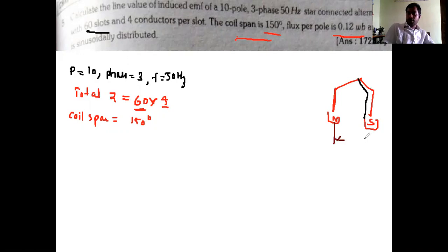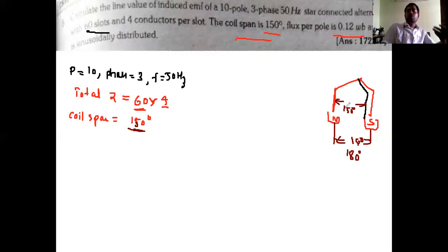For full pitch winding, this is 180 degrees. But he gave coil span as 150 degrees, which means this is definitely short pitch winding, because it is less than 180 degrees.